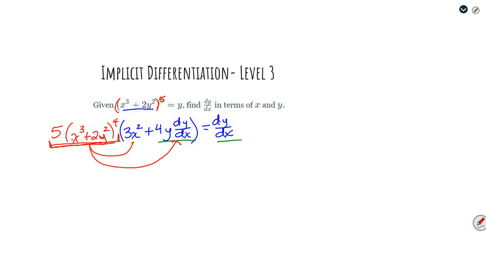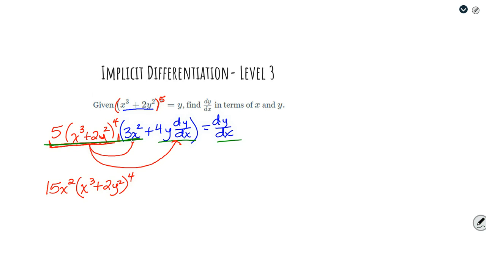So when I first distribute the 5 parentheses x cubed plus 2y squared to the 4th times 3x squared, the 3x squared times 5 would be 15x squared times x cubed plus 2y squared to the 4th. So that came from multiplying this part times 3x squared.